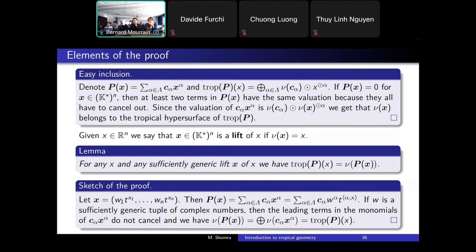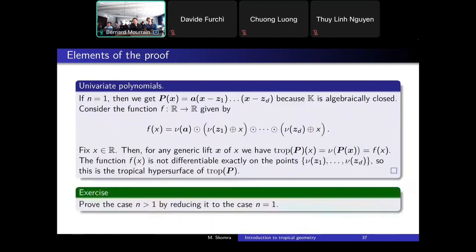So in general, here is the inequality that can be strict, but if my point was chosen to be sufficiently generic, then this will be equality. I will never achieve a strict inequality. Is that fine? Okay.